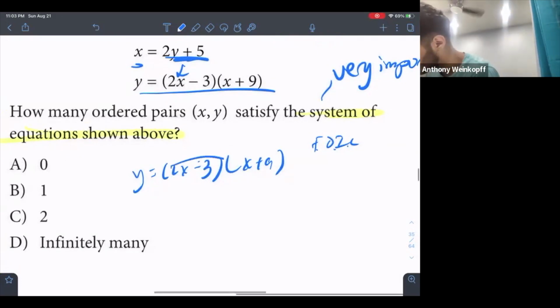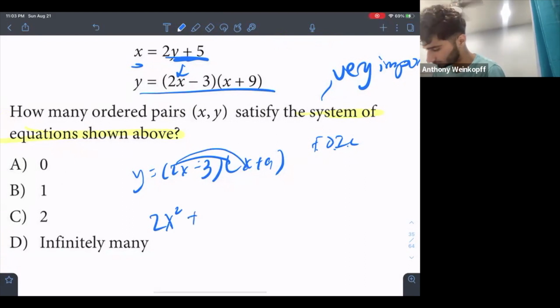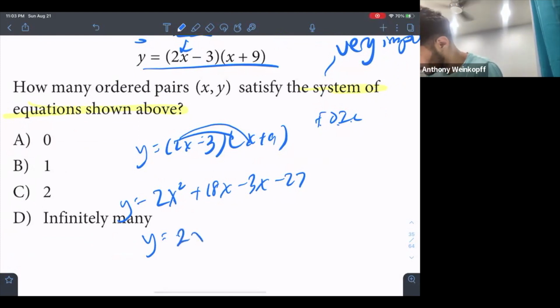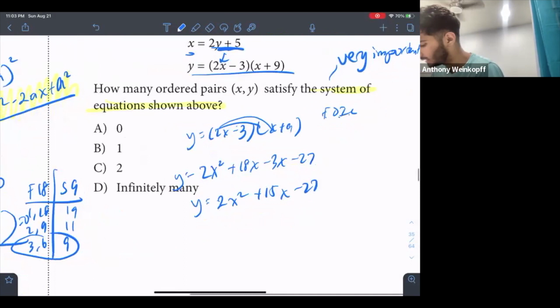So we can do 2x times x is 2x squared, 2x times 9 is 18x, negative 3 times x is negative 3x, negative 3 times 9 is negative 27. So that's equal to y. y is equal to 2x squared plus 15x minus 27. And we can just plug in y.